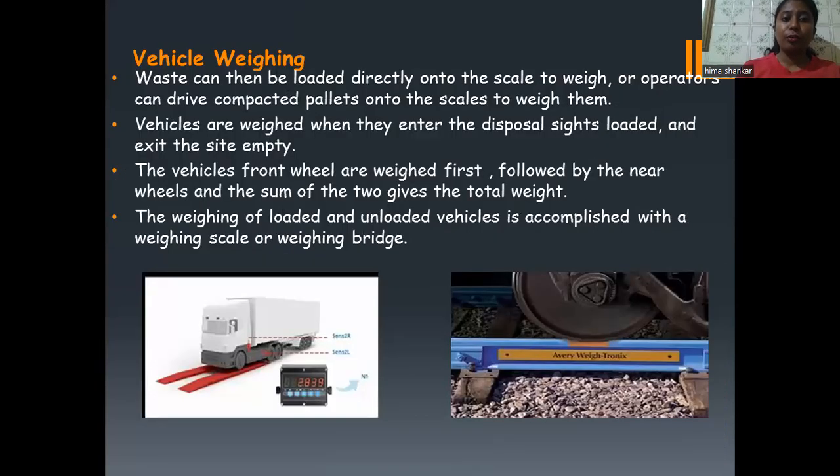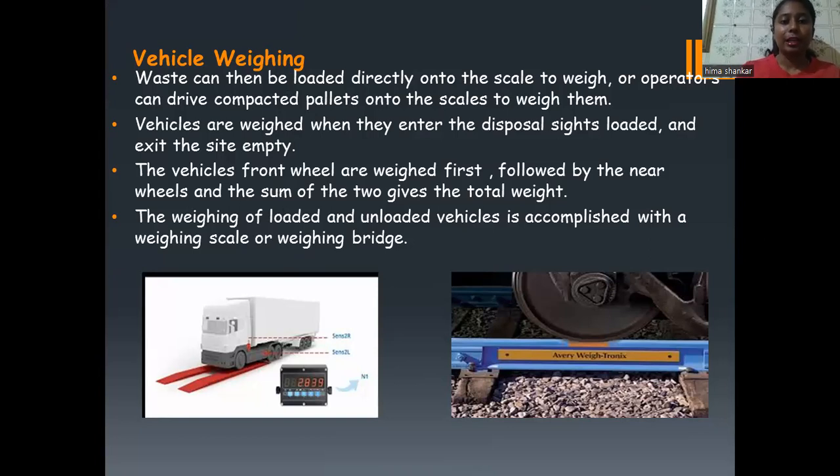Vehicle weighing. Vehicle weighing is a very important aspect of field investigation. When a vehicle is loaded with waste, before it unloads the waste onto the ground, it should be weighed, so that we get information about the waste disposed on a particular day.